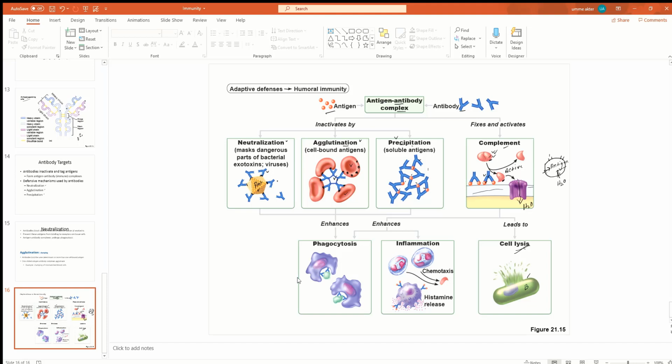The antigen antibody complex will also enhance the inflammation. Now inflammation is actually helpful for your immune function. Why? Just think that in this area you got inflammation. You remember a few minutes ago I said how the white blood cells get out from the adjacent blood vessels, right?